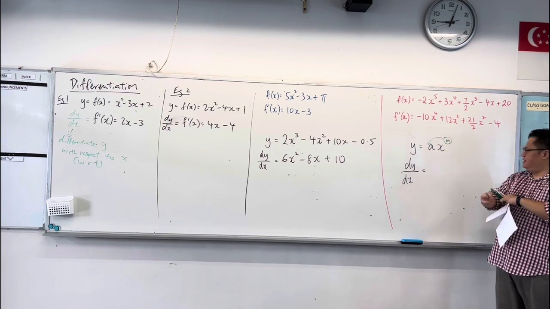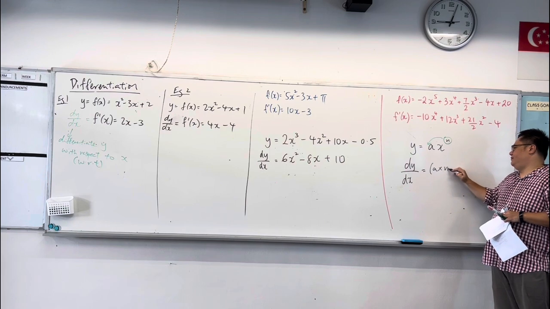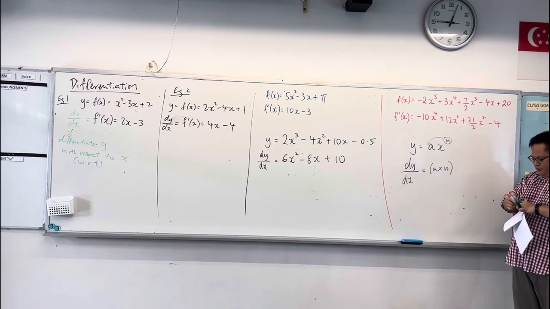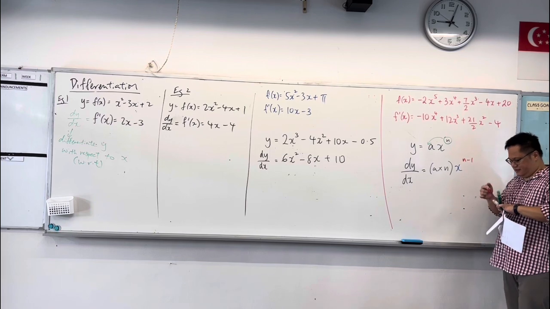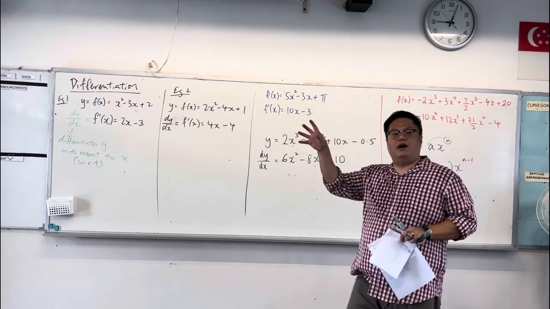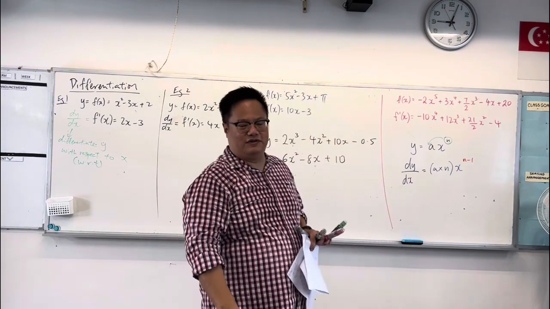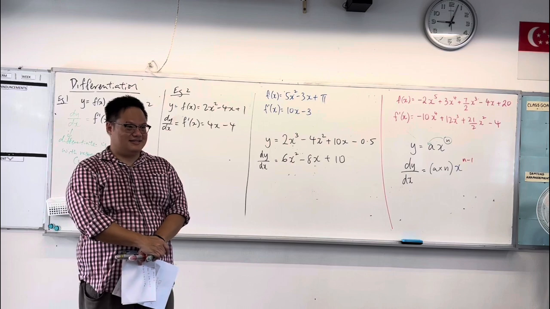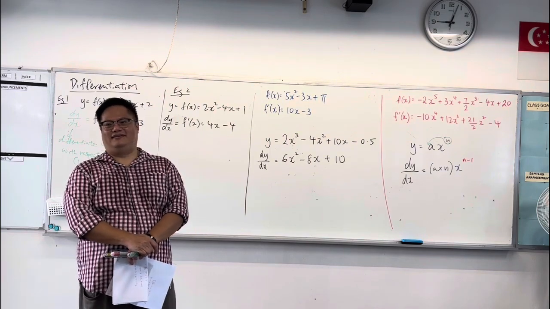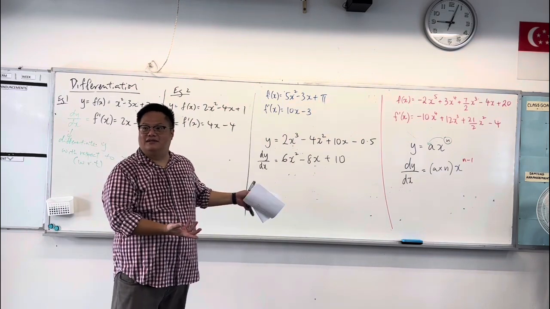So what I have is a times n, then your x stays put, then the power subtracts 1. Notice the order: power, bring it down, multiply to the coefficient, then x, then power subtract 1. Is this okay? Great. That's the lesson for today actually.